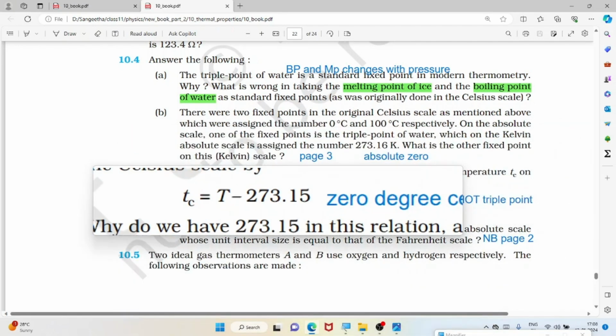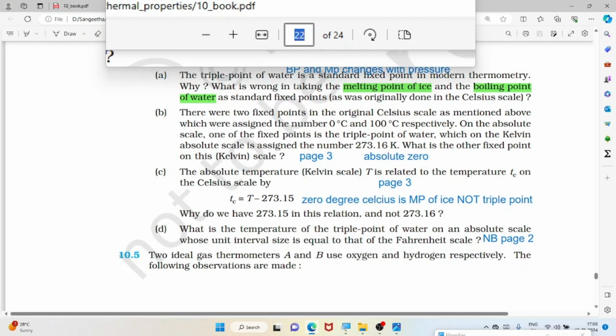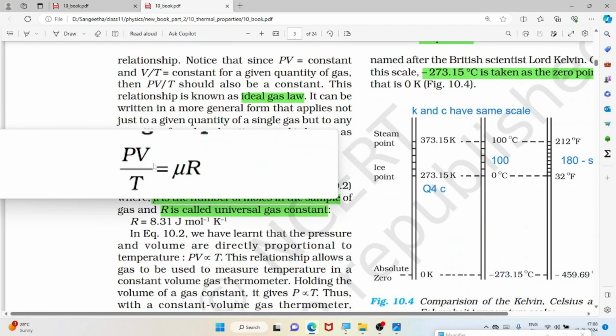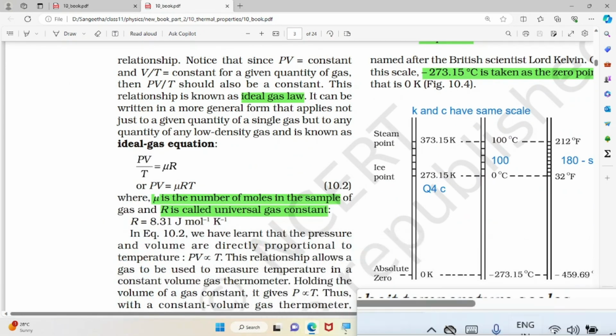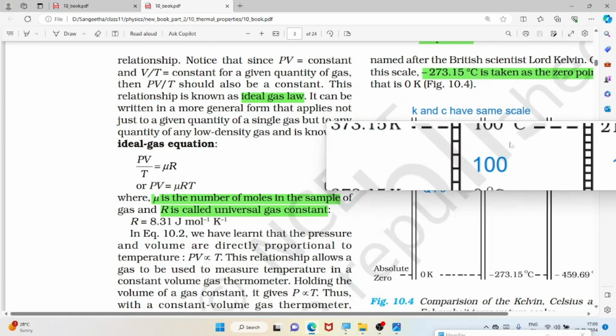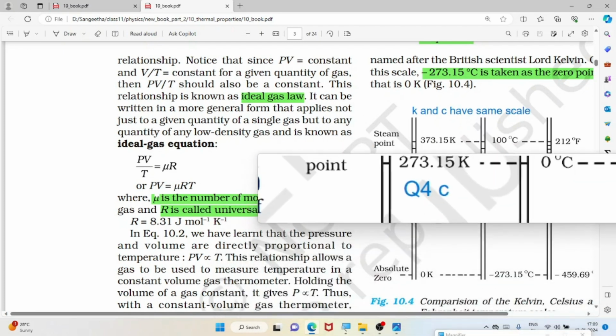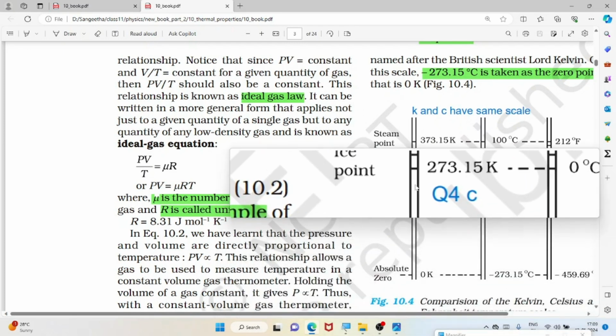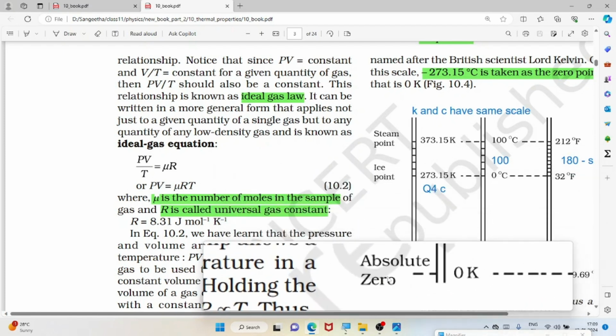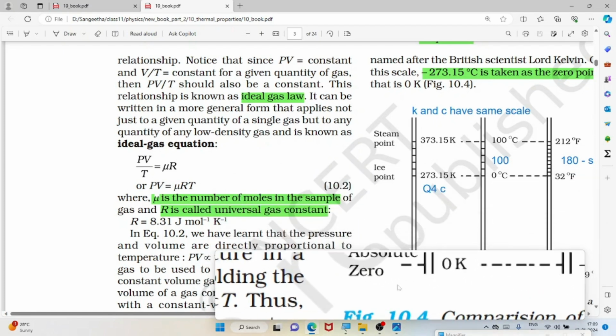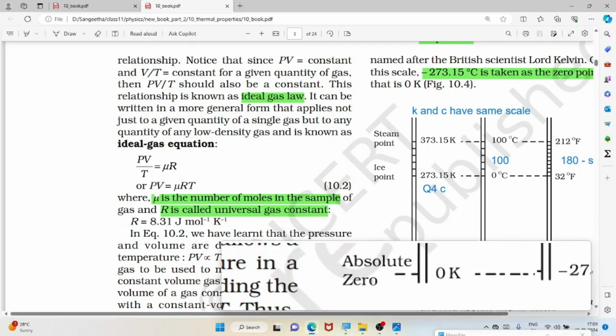That is absolute zero, page 3. So for the Celsius there are two fixed points, 0 and 100. For this absolute scale one fixed point is the triple point somewhere here. They are asking what is the other fixed point. This is absolute zero here. See this fixed point here.